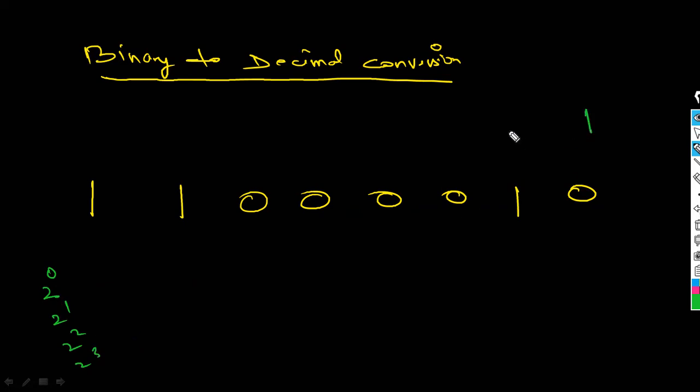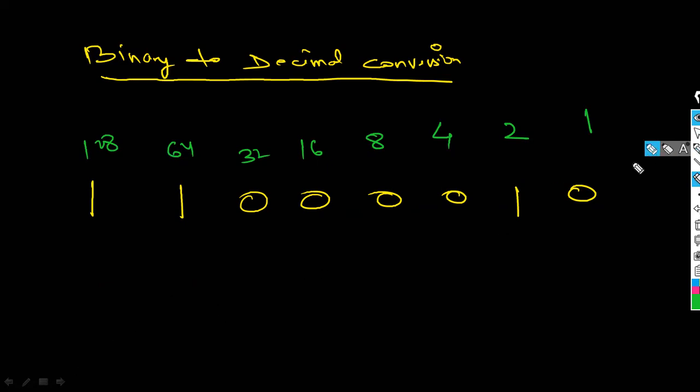So the values, if you remember, are 1, 2, 4, 8, 16, 32, 64, 128. They are position values corresponding to bits from right to left.